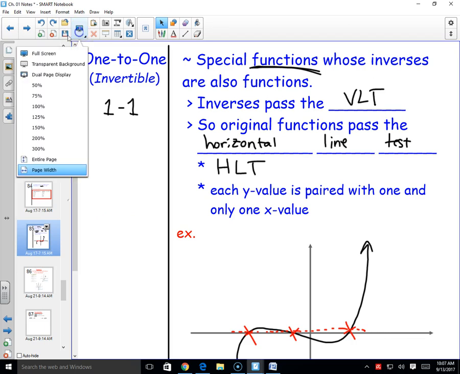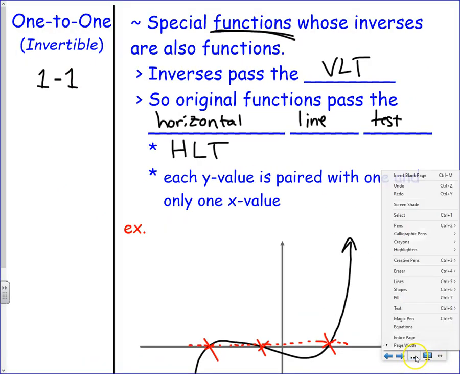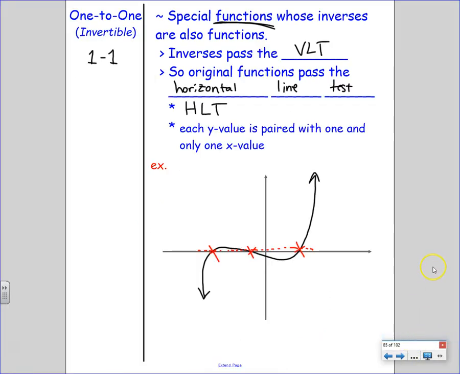And I think this is where we ended, right? The special adjective, one-to-one, invertible, it describes a function whose inverse, when I flip it, will still be a function. In your workspace, the problem you guys just did, when we flipped it, we can go back to it. I can look at it real fast.